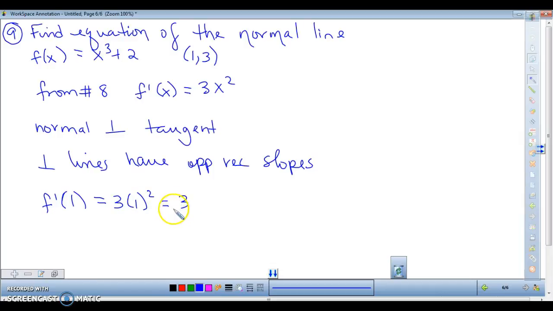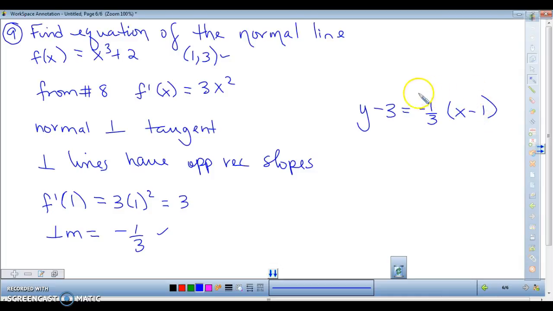Okay, and that means my perpendicular slope would be negative 1/3. So I've got my ordered pair, I've got my slope, all I have to do is plug that in. And this would be the equation of my normal line right here.